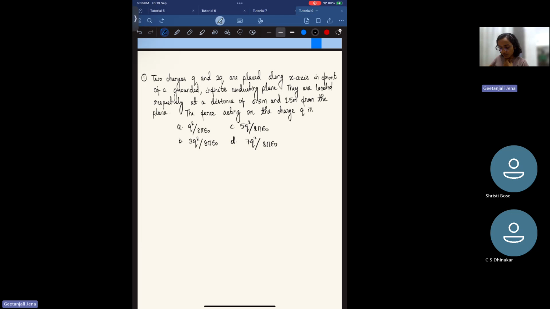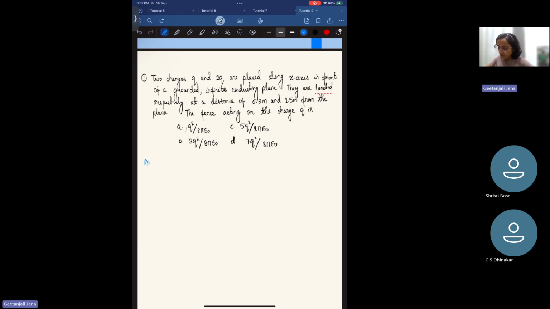We need to calculate the force acting on the charge Q. Four options are given, and the only difference is the coefficient: q square by 8 epsilon naught, 5 q square by 8 epsilon naught, 3 q square by 8 epsilon naught, or 7 q square by 8 epsilon naught.